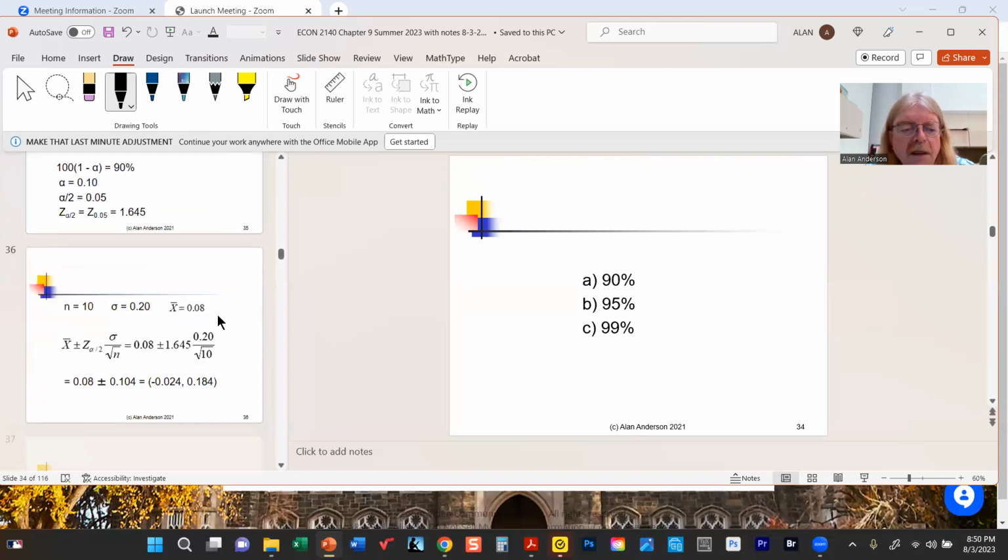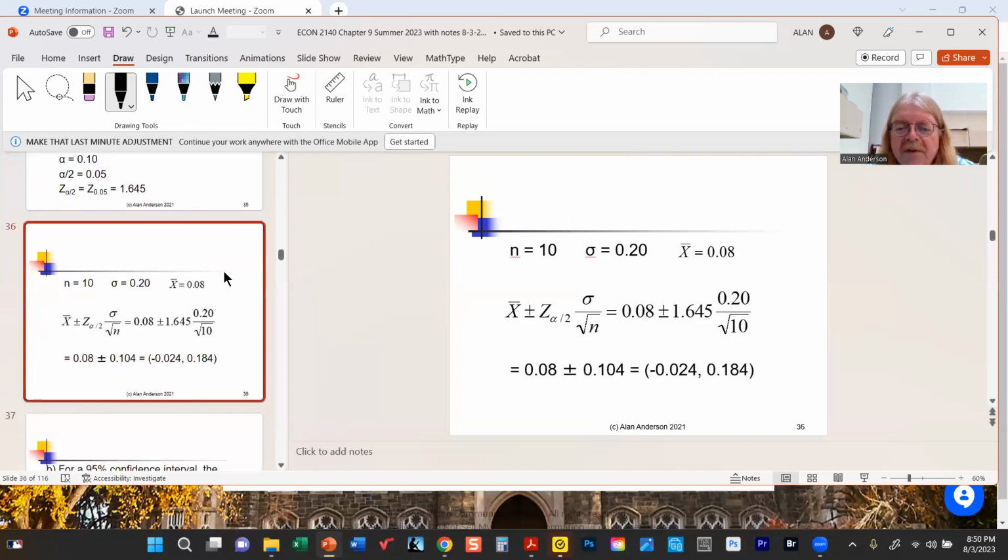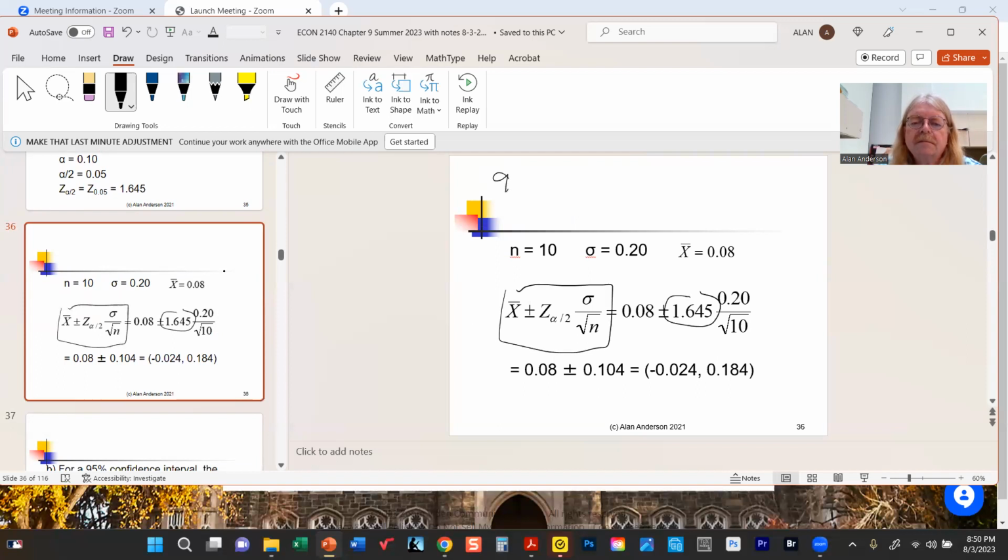Okay. So now for 90%, we just got through showing that the z-score is 1.645. This is our formula. And so if you notice, since we understand how that z-score works, the rest is just a matter of plugging everything in. And so what you'll see is that you'll get a margin of error of approximately 10.4%.